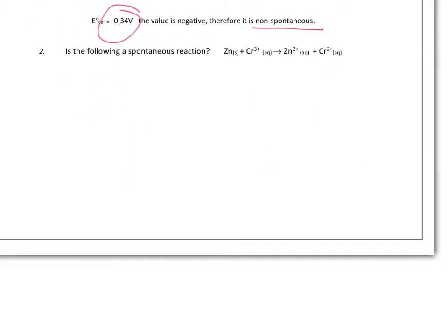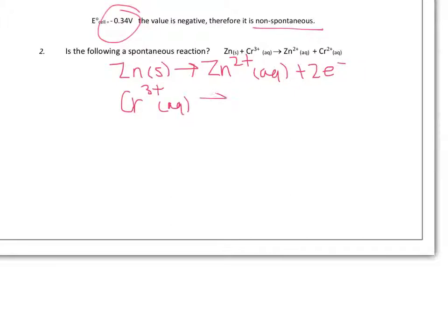We can go through our own example from the beginning right to the end in order to find out if this one is spontaneous. So first we would write out the half reactions. Zn solid goes to Zn2+ plus 2 electrons, and Cr3+ aqueous goes to Cr2+ aqueous, and therefore we would need to add an electron there.